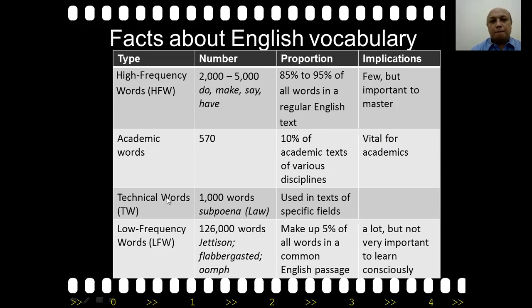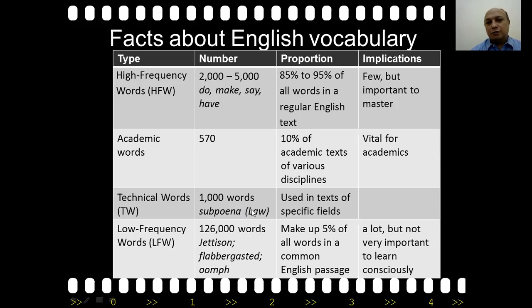Okay, and then the next category is what we call technical words, TW. There are only 1,000 words here. For example, in the field of law, we have a very specific word here, subpoena. Subpoena. You know what it means? Don't worry if you don't, because you are not from law department. You are from English letters.